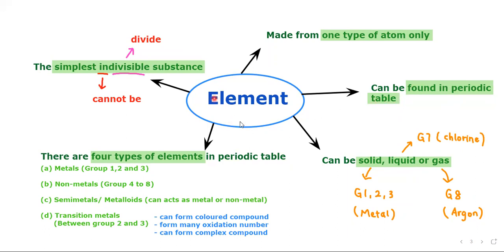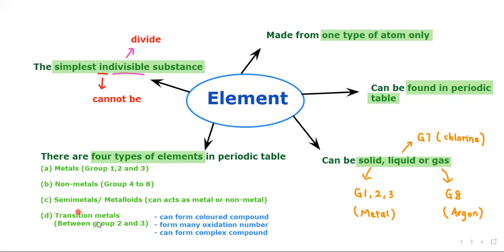Now we are going to learn further about elements. As you know, everything in the periodic table is an element, right? But there are 4 types of elements in the periodic table. Metals belong to group 1, group 2, group 3, or we can call it group 13. Non-metals are groups 4, 5, 6, 7, 8. And semi-metals, also known as metalloids, can act as metals or non-metals.